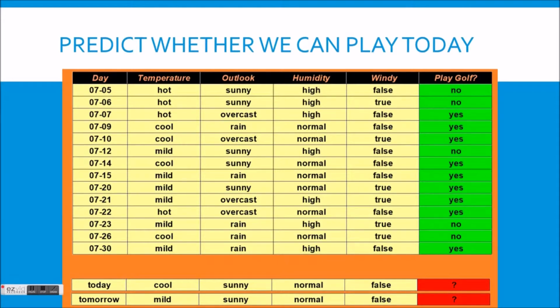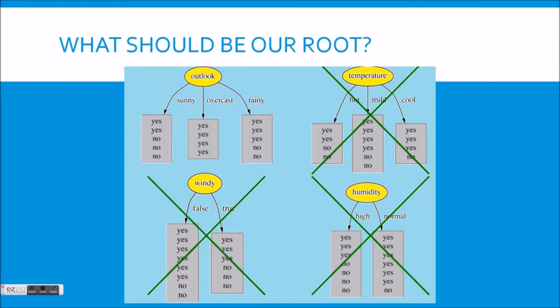And once you have the training data, you can use it. So as I told you, the most complex thing in decision trees is selection of the root. So here you can see that outlook is one root, temperature is another root, windy, humidity, etc. are other roots. You can start with a root and then you can traverse down to a leaf node to take your decision. But what will be your root?